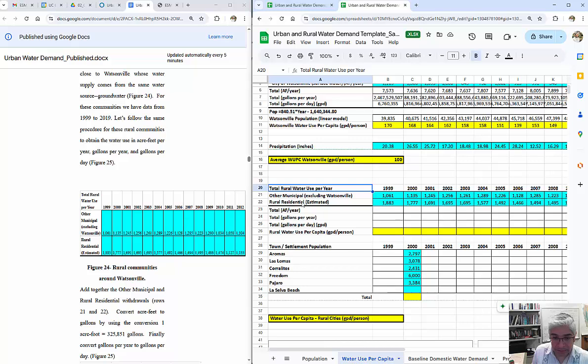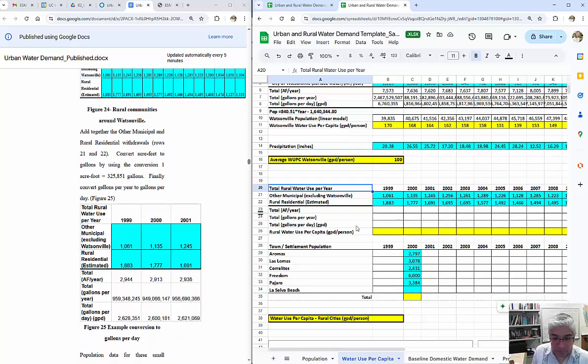Here we're gonna do something very similar for the rural water use. So the same, first we're going to estimate the water use considering these two water sources, then the total gallons, which will be multiplying by 325,851, which is gallons per acre-foot, and then finally dividing everything over 365, to calculate the gallons per day.